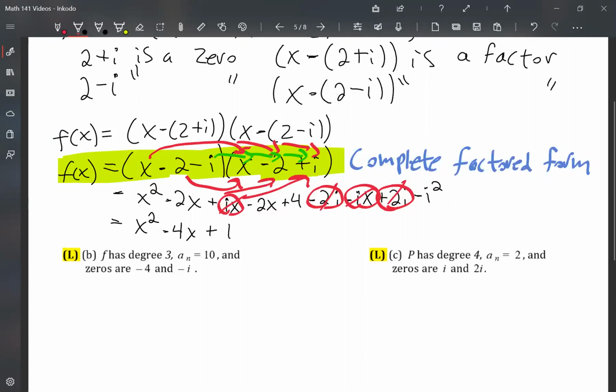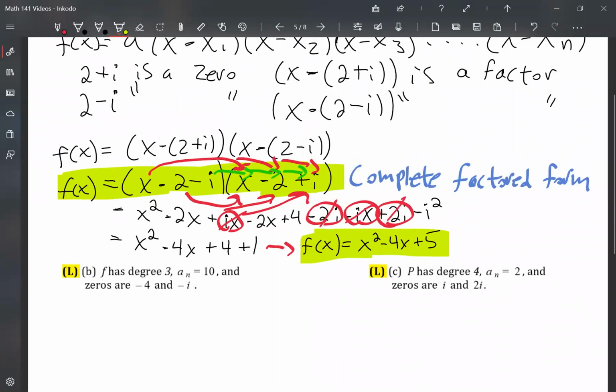Then we have plus 4, and the negative i squared at the end: i squared is negative 1, and negative 1 times negative 1 is positive 1, so you get plus 1. Finally, we get a standard form of f of x equals x squared minus 4x plus 5. So now we have an equation in standard form and in factored form, which satisfies part A.